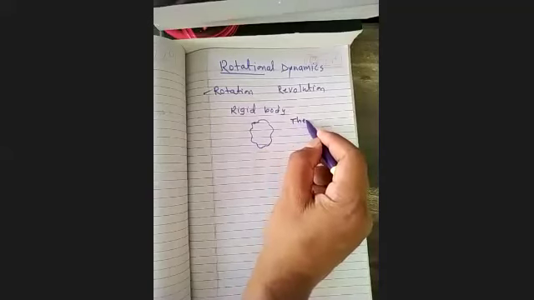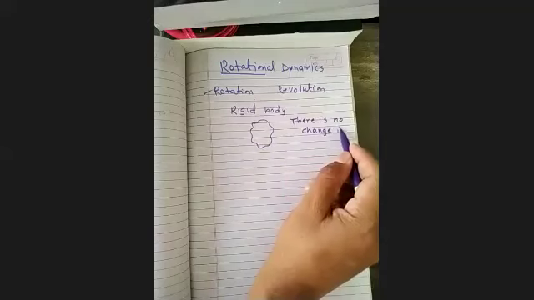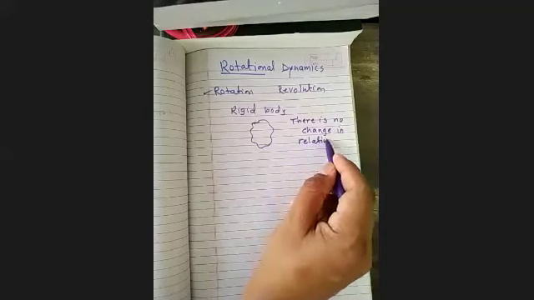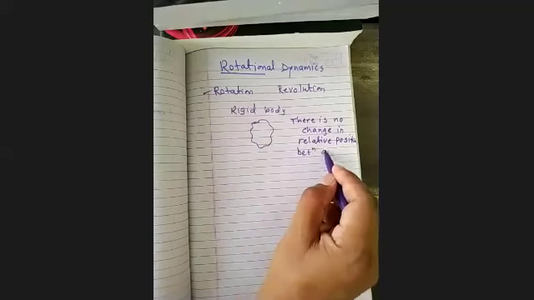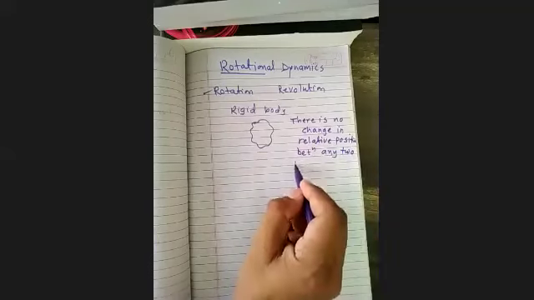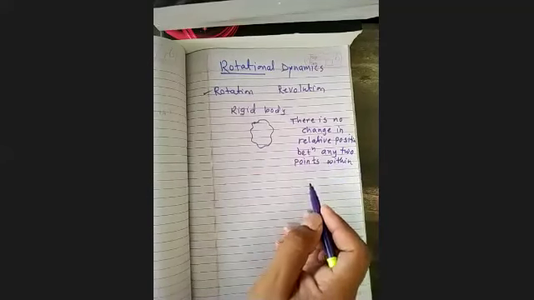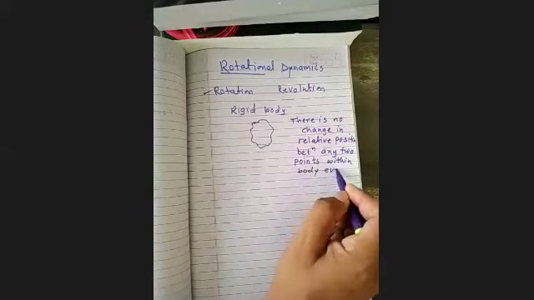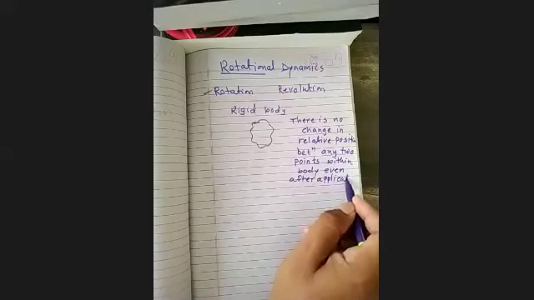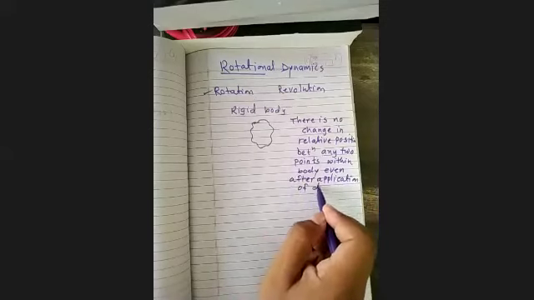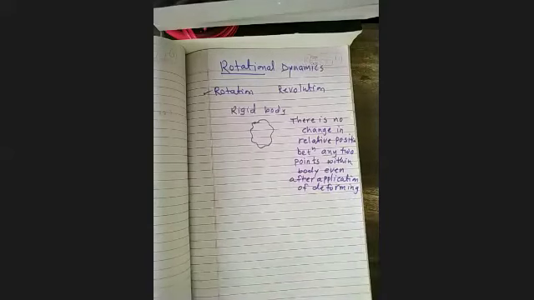There is no change in relative position between any 2 points within the body, even after application of deforming force, right? What I said, that what do you mean by rigid body?